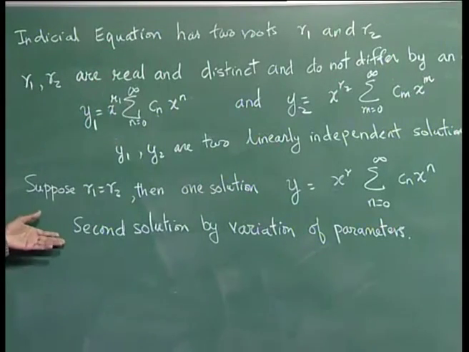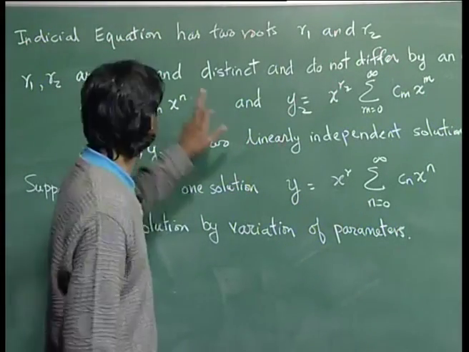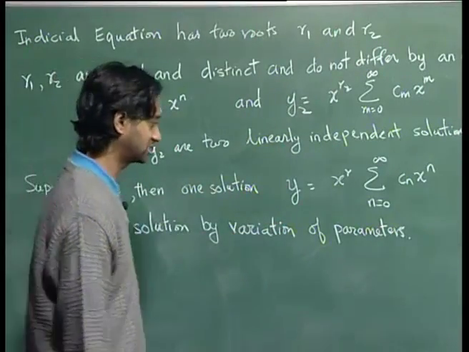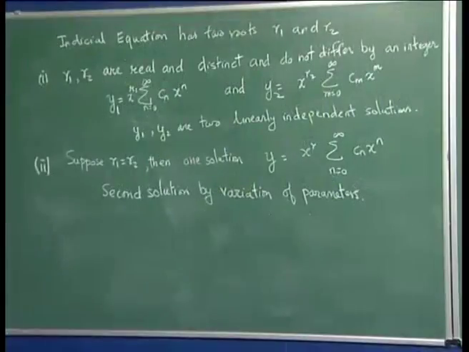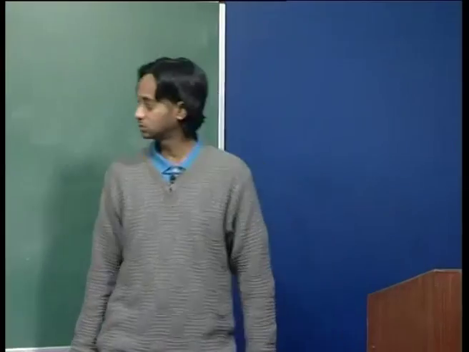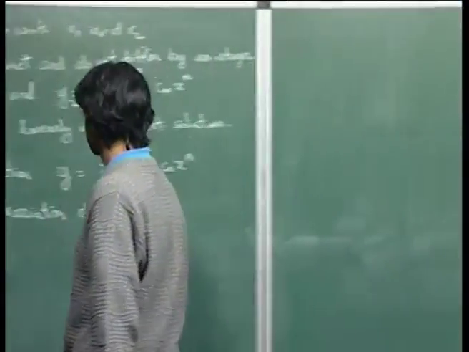Okay. So, suppose you have one solution in this differential equation. If you have one solution, you can determine the second solution by variation of parameters. Okay. And I will leave this as an exercise to you, but you can show that the second solution looks to be of the following form.